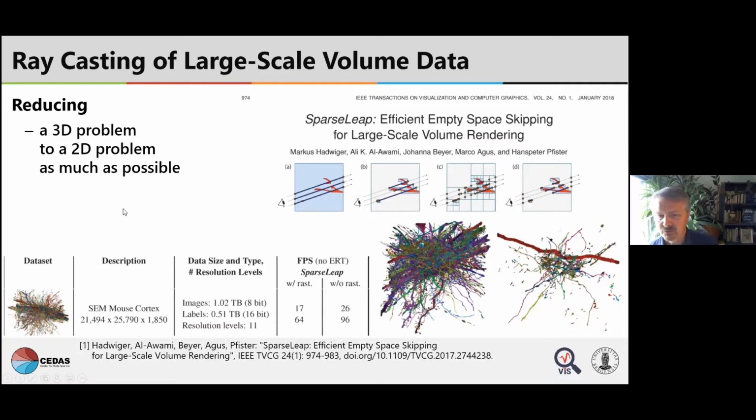Here we are talking about raycasting for volume visualization, and in raycasting it is really good if you can avoid doing computations for 3D locations that do not contribute to the image. If you have sparse data, like here, where you have these dendrites and linear structures, quite a bit of the 3D space is not contributing to the final image.